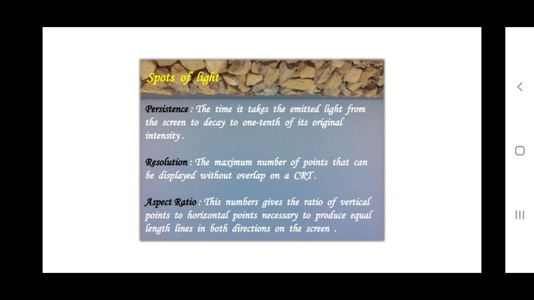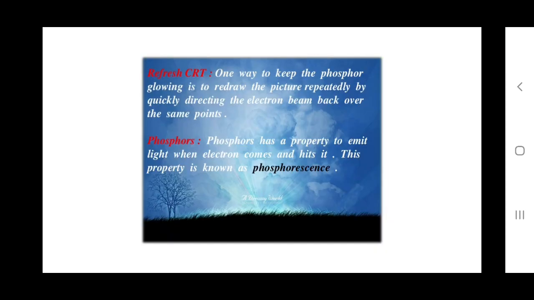So based on these three definitions, the spots of light are defined on the screen. Then we have two types of displays. The first one is the refresh CRT. Refresh CRT means one way to keep the phosphor glowing is to redraw the picture repeatedly by quickly directing the electron beam back over the same points. Phosphor has a property to emit light when an electron hits it.